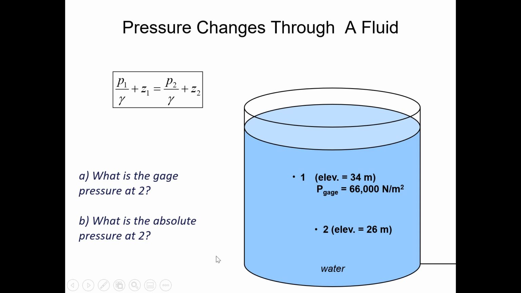And remember, the way that we can convert between gauge and absolute is P absolute is P gauge plus 101,325 Pascal. That's the conversion between absolute and gauge pressure. All right, so let me pause for a second, and you calculate P2.